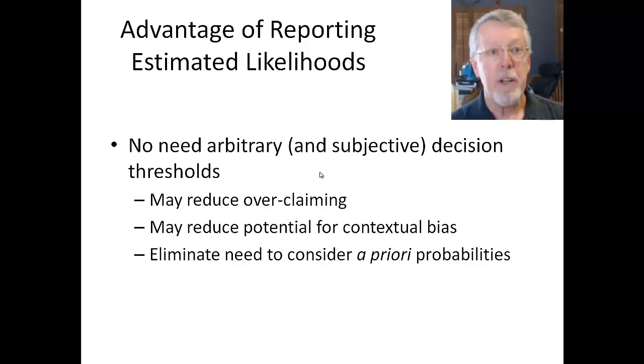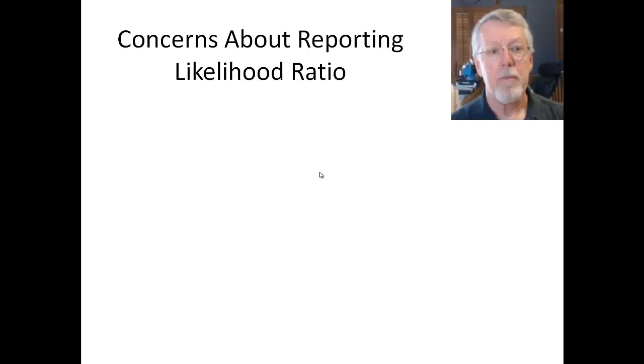It certainly eliminates the need for examiners to think about the a priori likelihood that this particular suspect could be the source, right? They simply report the likelihood of seeing what they observed if the suspect is the source or is not the source. They don't have to think about whether other evidence indicates he's likely or unlikely to be the source.